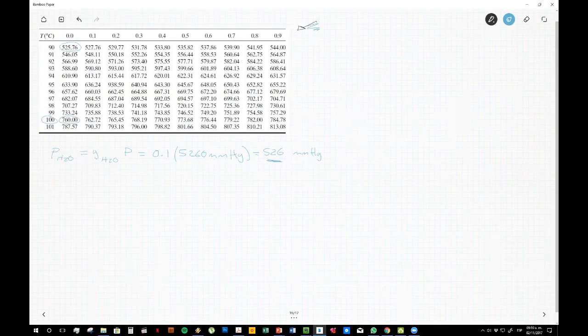So here for this problem, I'm not going to interpolate to see exactly what temperature it should be, because it's very, very close to the 526 that we wanted. So we can read that the temperature is 90.0 degrees Celsius. Right? So that's the vapor pressure of water at 90 degrees Celsius, equal to 526 millimeters of mercury.